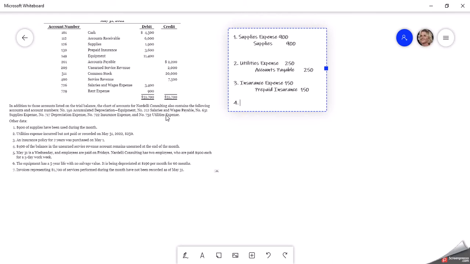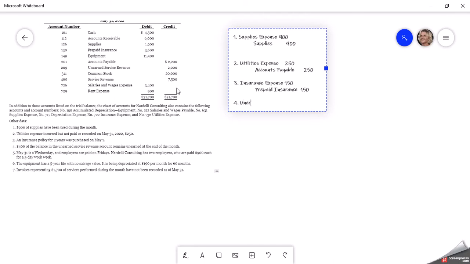Then number four, $400 of the balance in the unearned service revenue account remains unearned at the end of the month. So let's go up and look for that. Our unearned service revenue right now is $2,000, but they're telling us that only $400 of it remains unearned. So that would mean $1,600 has been earned.